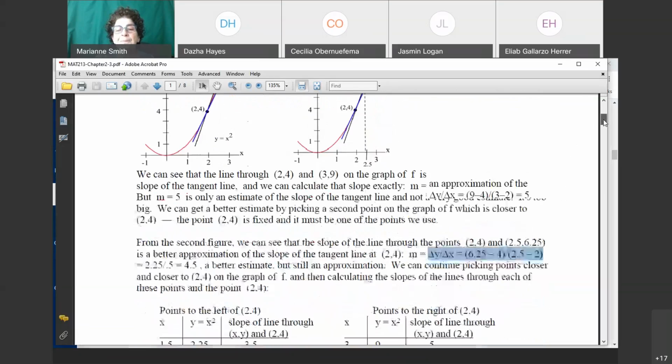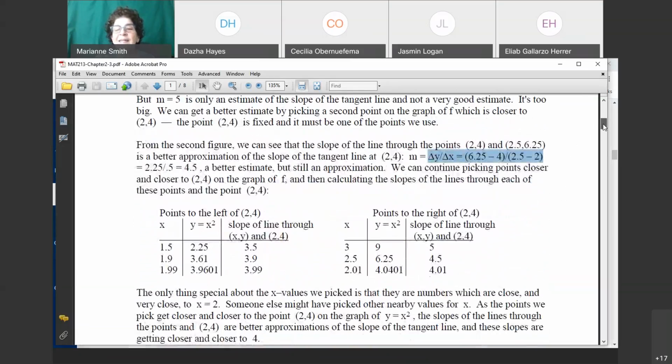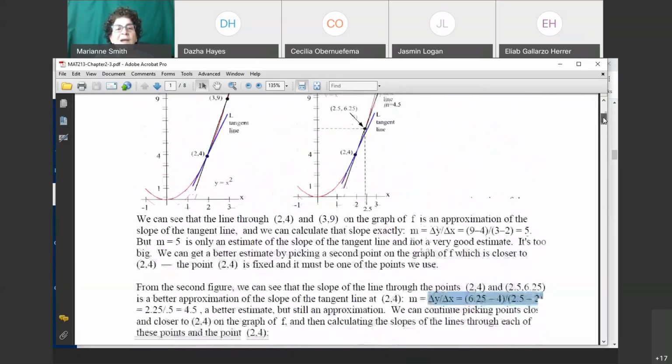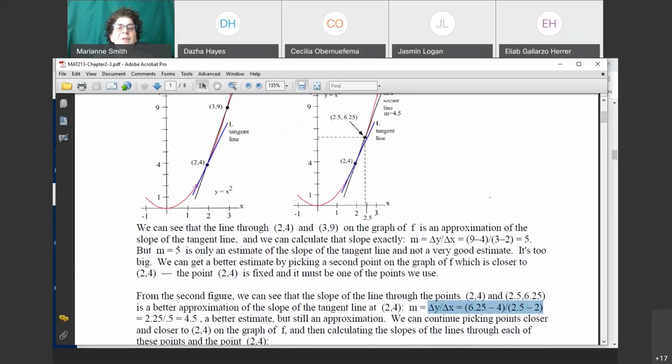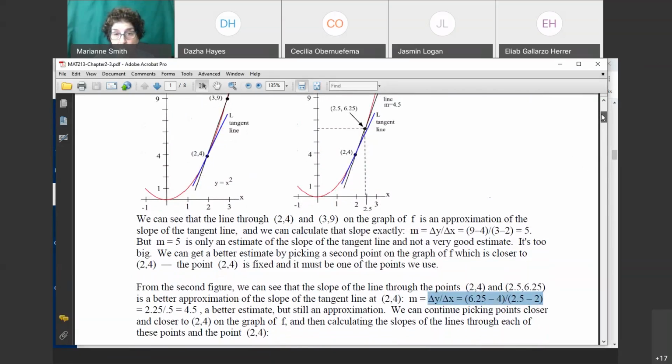Okay, good. So what they've done down here is they're saying, well, let's look at this graph and pick a bunch of points that on the x-axis are to the left of 2, 4, and then pick a bunch of points that are to the right of 2, 4, and use them to calculate the slope of a secant line between whatever that point is and 2, 4.